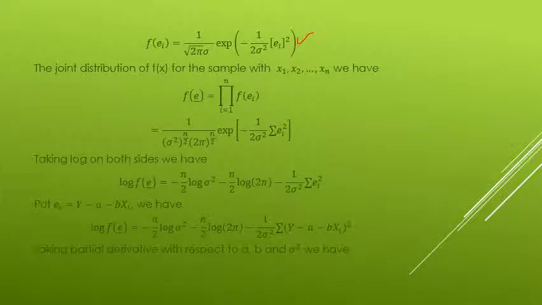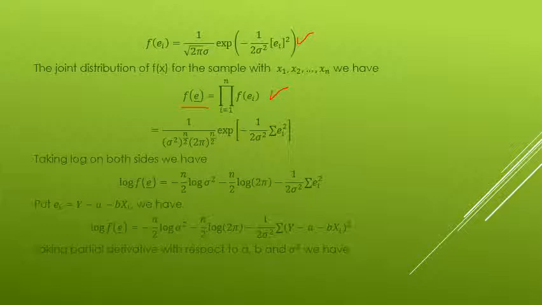Now, for the joint distribution of f of x for the sample x1, x2, up to xn, we have this. We multiplied all the functions. So, this is the joint distribution, also called the likelihood function.